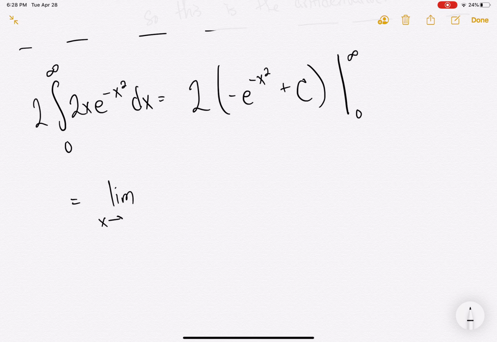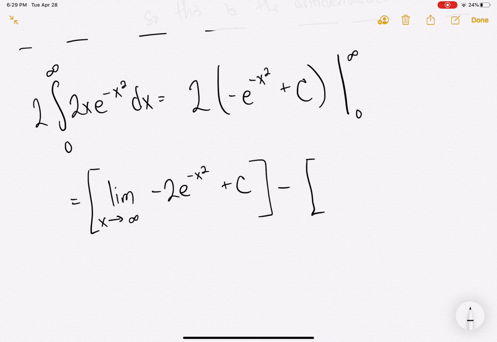Limit as x goes to infinity of negative 2e to the negative x squared plus c minus, and then we evaluate everything at 0. A lot easier to evaluate at 0, negative 2e to the negative 0 squared plus c.